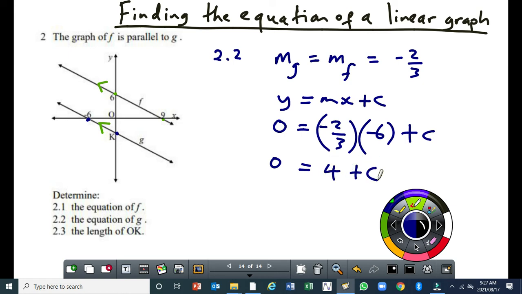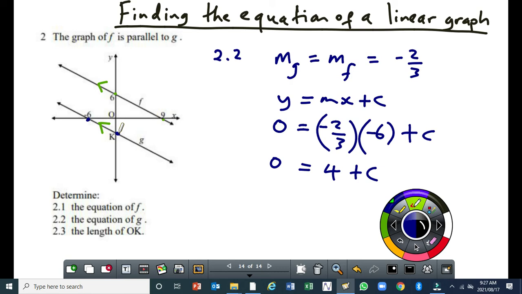Right? Common sense must tell you that if this is an intersection point between the line and the y-axis, the value of c there must be negative because the point is below the x-axis. When you're answering this question, use common sense. Okay?